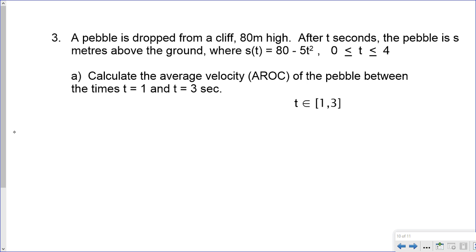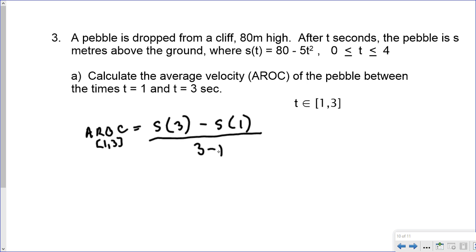I'll just use the abbreviation AROC this time. At times you'll see this notation in square brackets between 1 and 3, and I'm going to have to calculate s at 3 minus s at 1, and that's all over 3 minus 1. All right, s at 3, I'm just going to have to peek at my formula sheet. S at 3, I get to be 80 minus 45, and that was just substituting 3 in here and 3 in here.